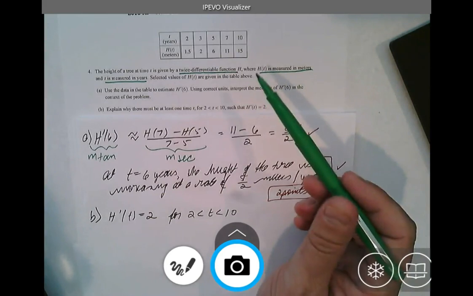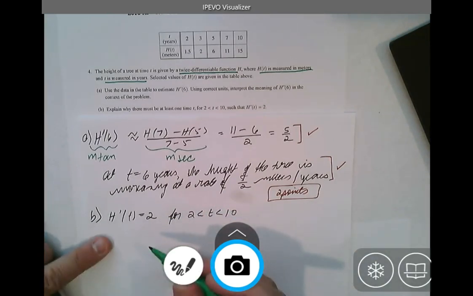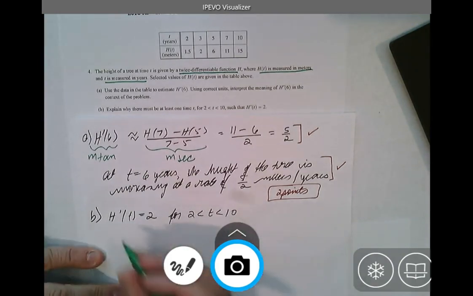Well, great question. And here's where you need to stop and think about the format of the question. They're asking you to show that the derivative has to have a particular value at some time on a given interval.